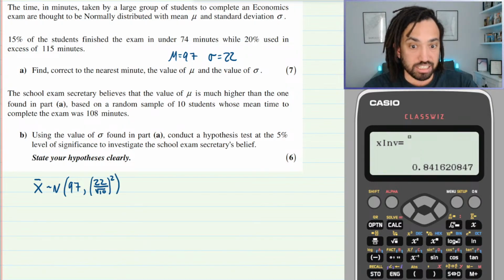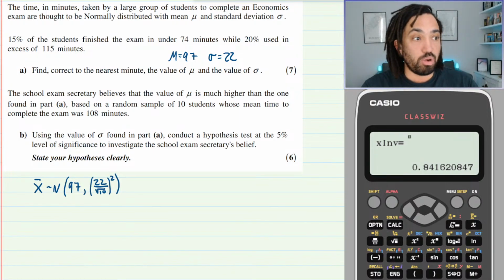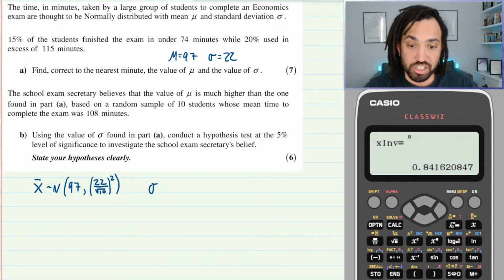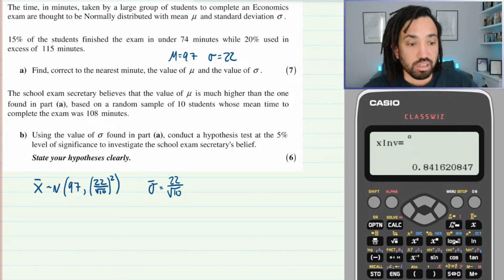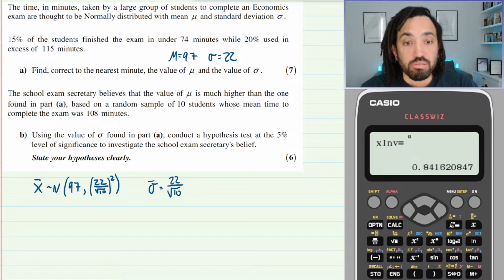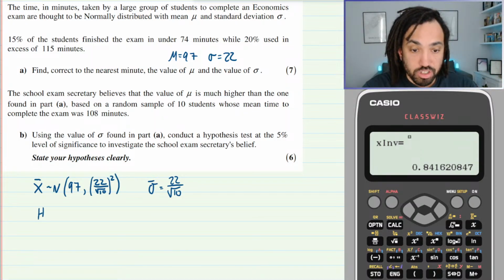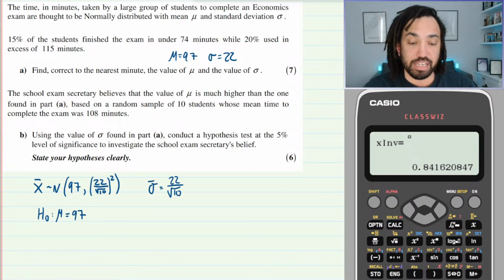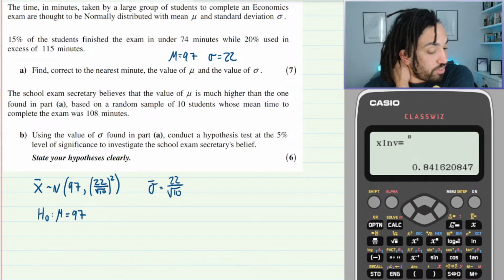The only thing you're going to be working with is that the standard deviation you're going to use for this distribution is 22 over the square root of 10. Okay, right, we've got a hypothesis test to set up, haven't we? So we say H0: mu is equal to the population mean, which is 97, as we found out before.